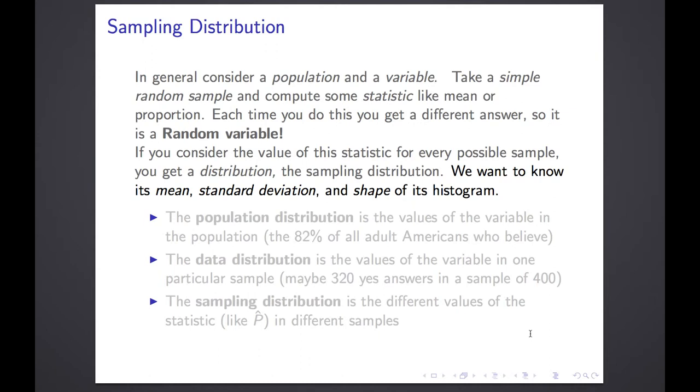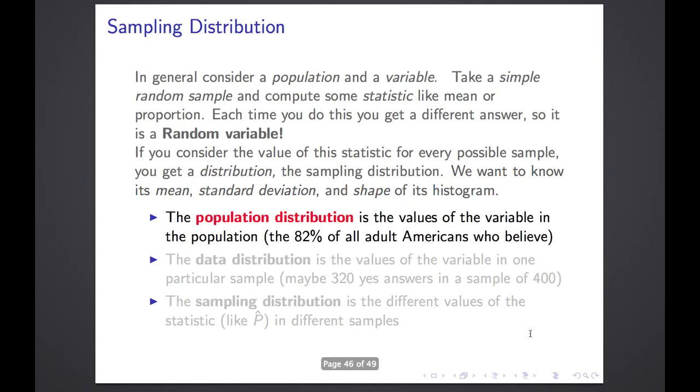I want to give you a caution and teach you some terminology that the book is very fond of. The caution will take time to process, but what's confusing about this stuff is we're dealing on 3 levels. One level, which is kind of abstract, is the population. The population distribution refers to all the values of the variable in the population.